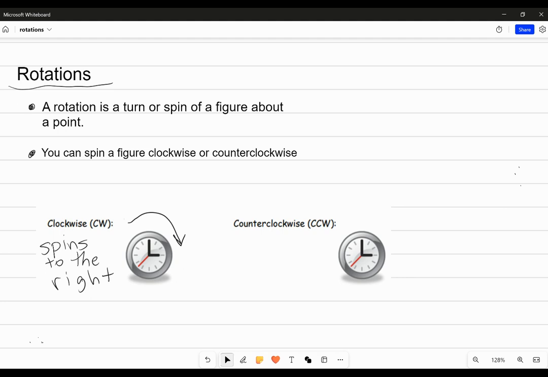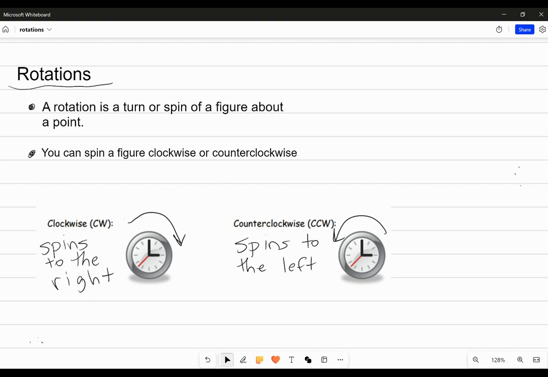And then counterclockwise, you should have seen, was when you were spinning your image to the left. So if you're performing a transformation and it's a rotation, you're going to be spinning the figure either to the right, clockwise, or to the left, counterclockwise.